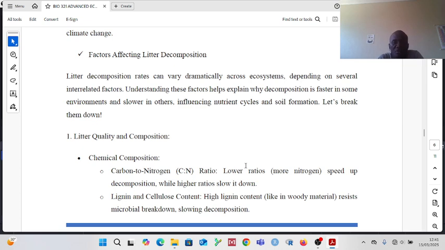If you have more nitrogen, then you are likely to have a high rate of decomposition. So if you have high nitrogen, the ratio will be low. But if you have low nitrogen, then the ratio will be high. So on the basis of the level of nitrogen, you are likely to have decomposition either being speeded up or being slowed down.